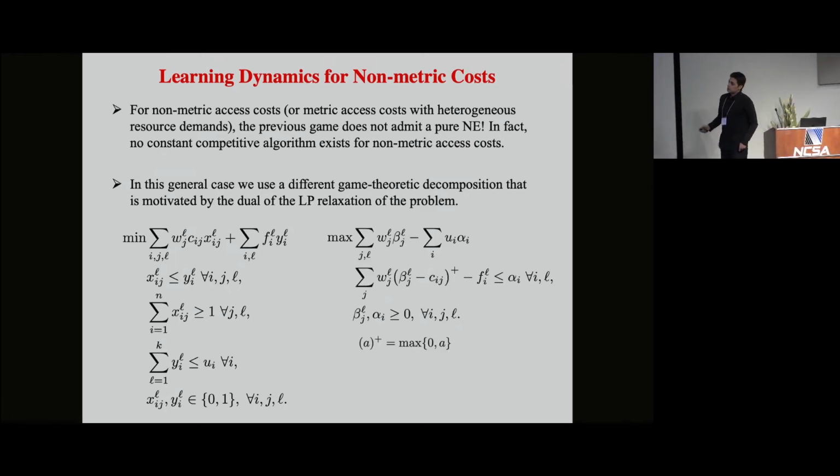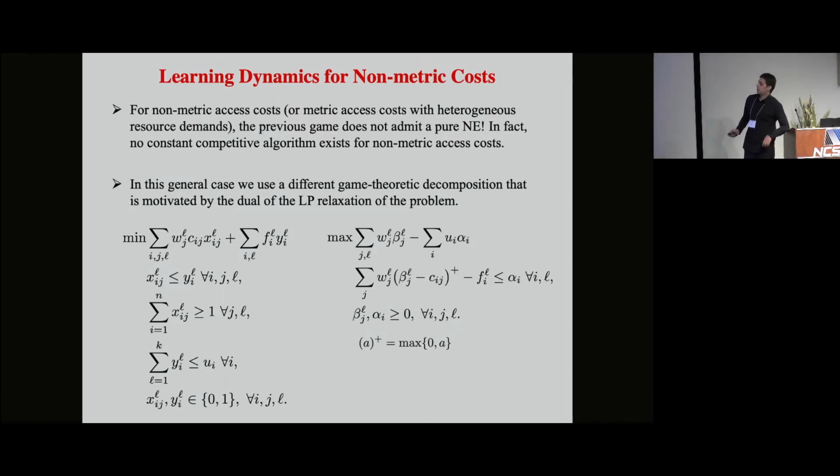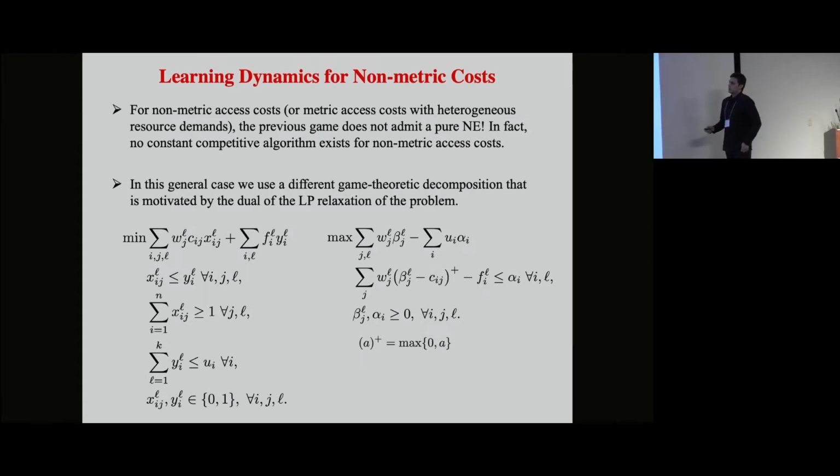Now, if you look at the dual formulation of this problem, where alpha I and beta JLs are the dual variables, and massage this dual formulation a little bit, we can cast it in this form, where you have a linear objective function with some piecewise convex constraints.